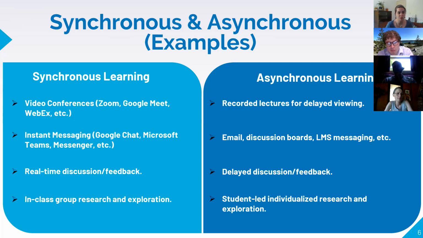Instant messaging would be synchronous, whereas discussion boards would be asynchronous. Flipgrid would be asynchronous, even though it would feel more synchronistic, because there is that delay. So a student may not be right there responding, whereas in an instant message, there's that expectation that they're right there ready to respond.